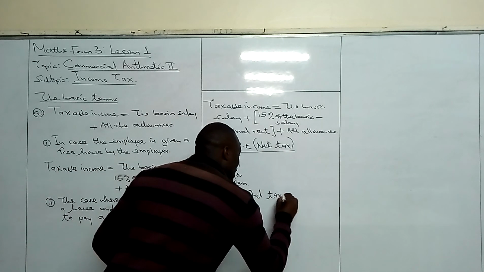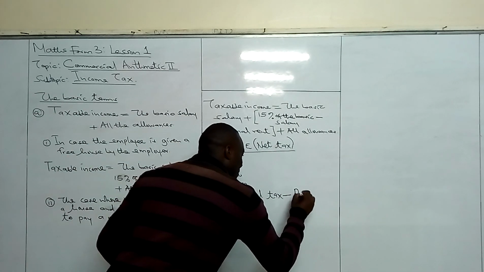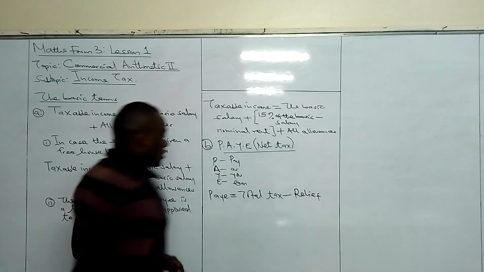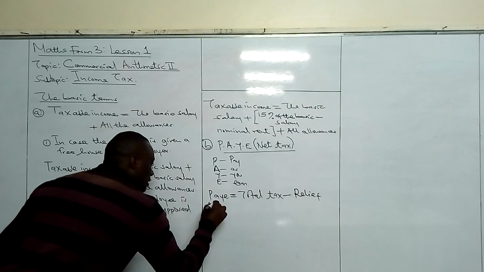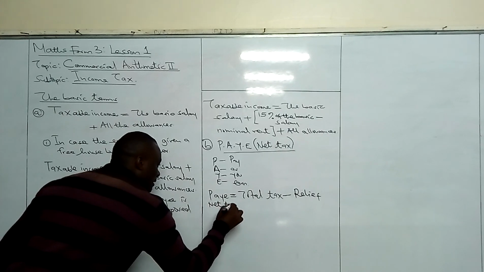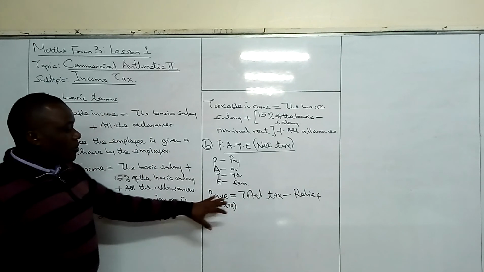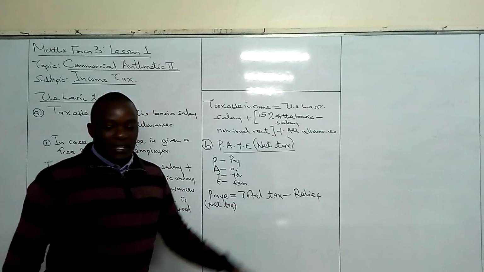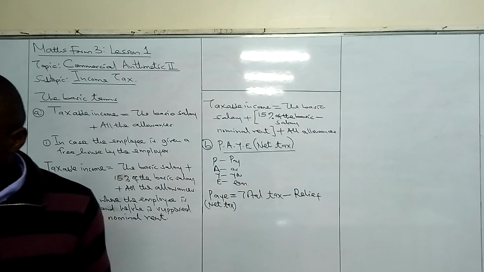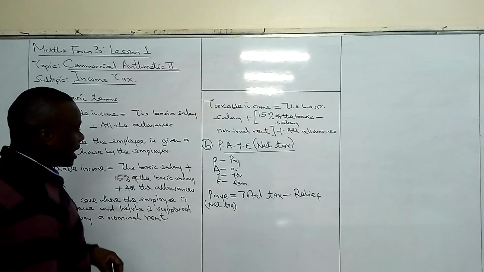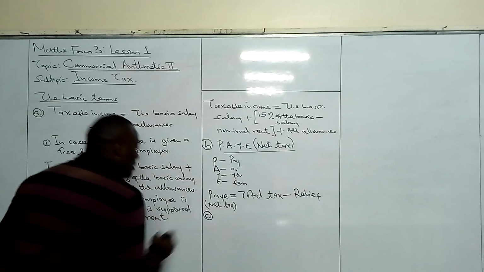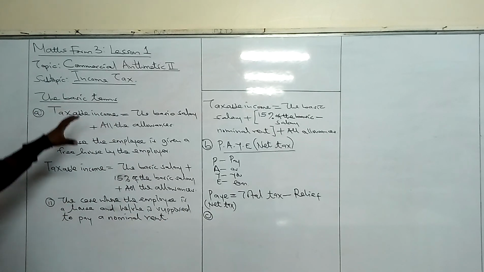Now you subtract any relief given. So PAYE, which we sometimes call net tax, is equal to total tax minus relief.